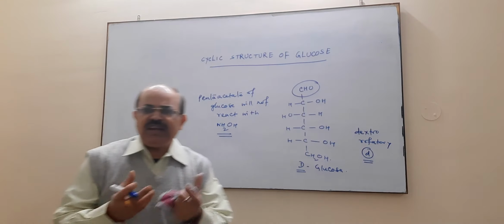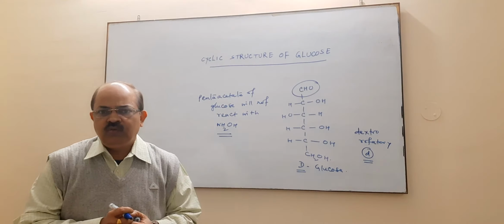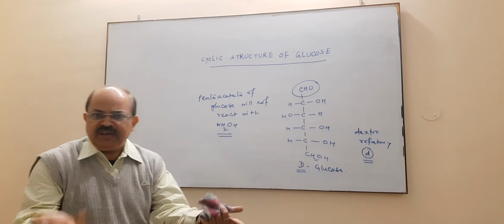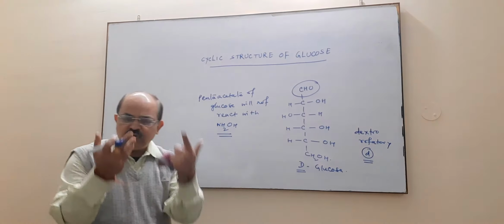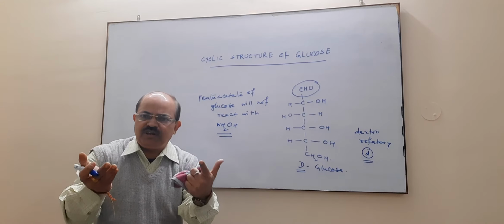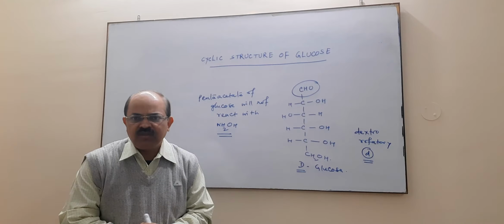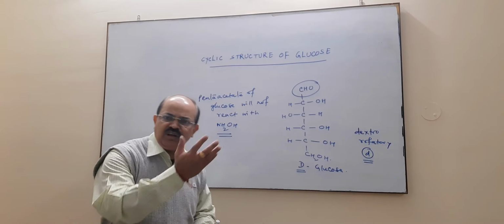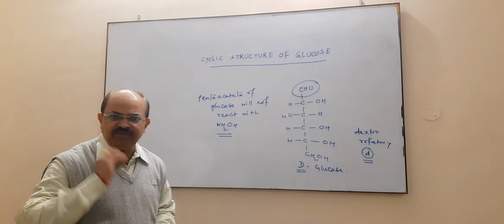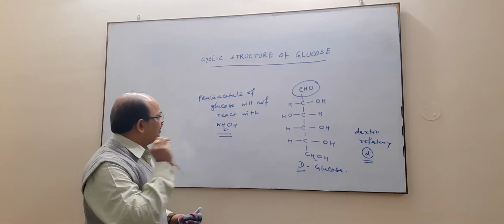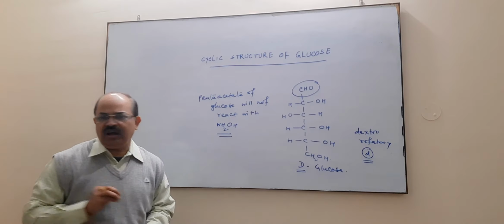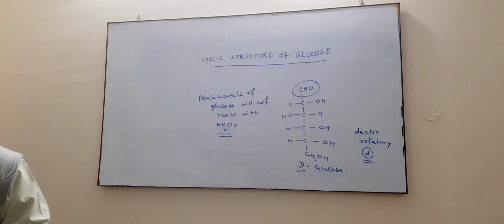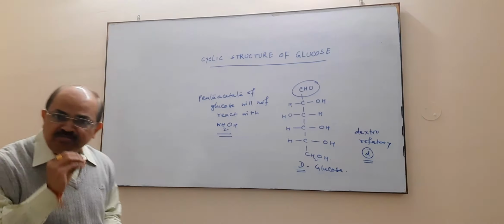What inference do we get from this? Although it has an aldehyde group, it will not give the 2,4 DNP test, it will not form an addition compound with sodium bisulfite, and the pentaacetate of glucose will not react with hydroxylamine. So, what does it mean?